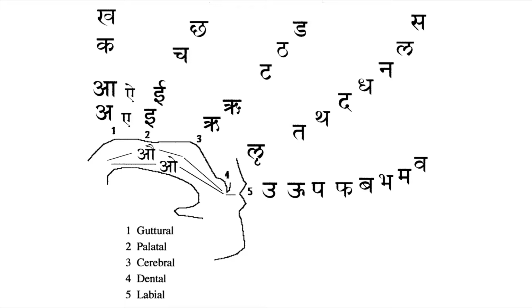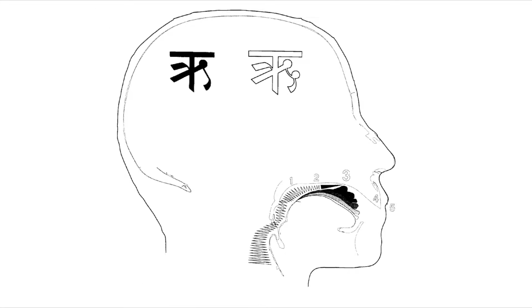Notice that what allows you to focus a more distinct sound at position 3 is the rolling of the tongue. Notice the location of position 3. You can feel it in your own mouth.